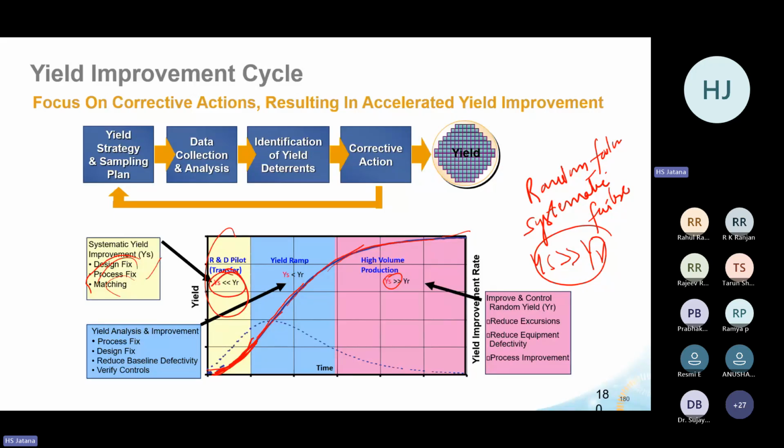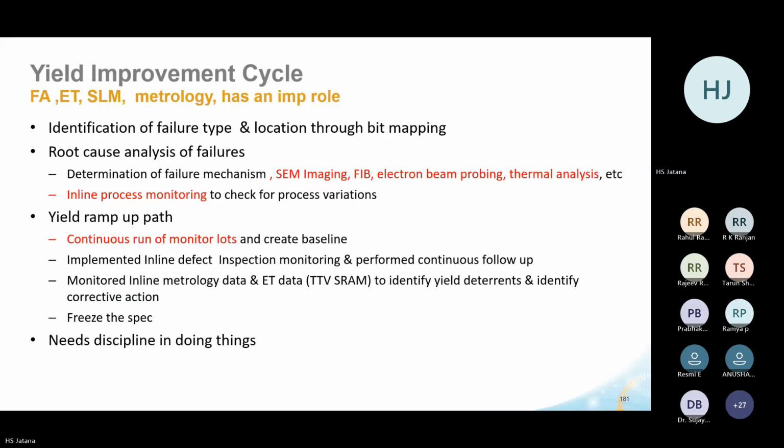So yield takes a lot of time to stabilize and to improve. It takes a lot of time, and these are the various equipments which you need for failure analysis: imaging, FIB, focused ion beam, electron beam probing, thermal analysis, etc. Inline process monitoring: after each step, whatever process step you have done, there is an inline process measurement. Inline process measurement can be film thickness, quality of the film, or electrical thickness also. So all these things are done.